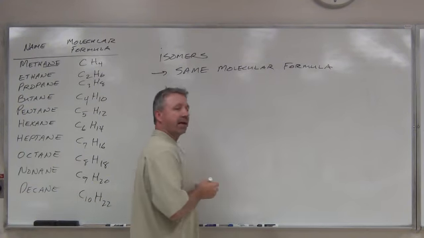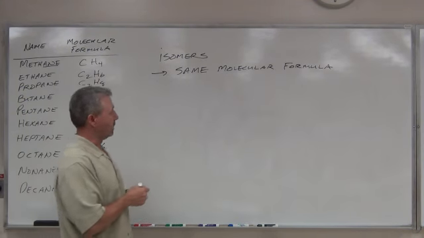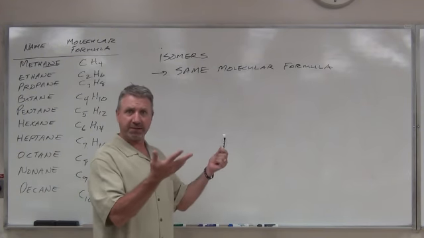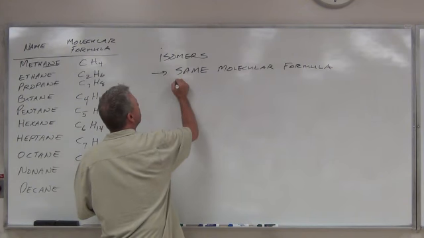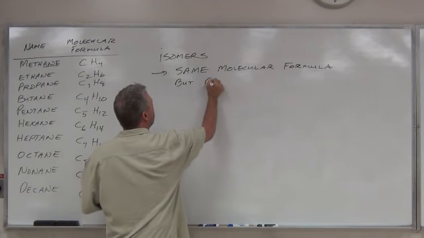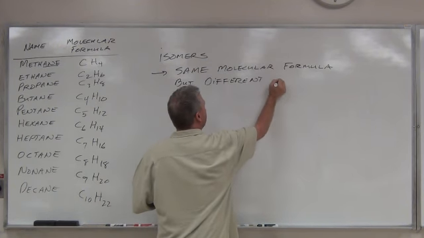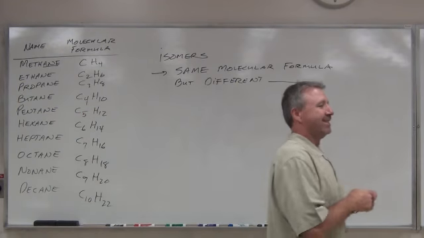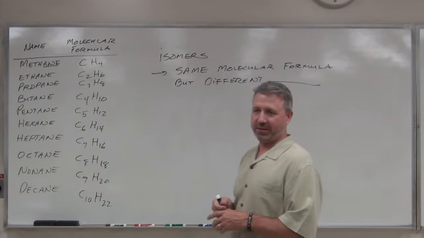Notice I'm calling it molecular formula because organic compounds are molecular. There's no metals, right? These are all covalent. They have the same molecular formula, or you could alternatively say chemical formula, but they have different blanks, okay?